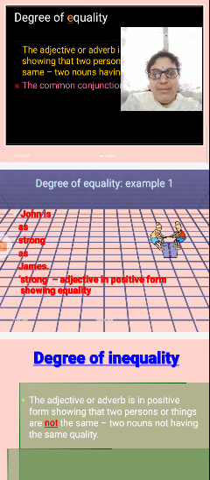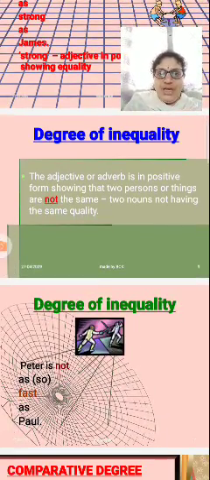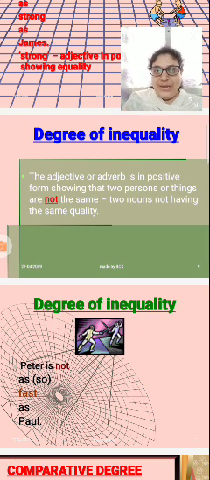So here, John is as strong as James. You are comparing two persons, two nouns, and their strength. Now the degree of inequality: the adjective or adverb is in positive form, showing that two persons or things are not the same. In equality there is sameness, in inequality there is not.